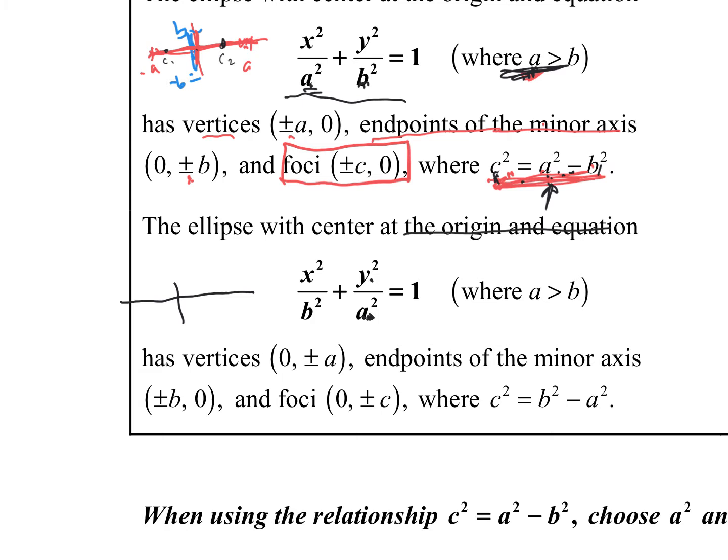It has vertices at 0 comma plus or minus a. Well, now I'm going up a and down a. And the endpoints of the minor axis, meaning the smaller axis, will be plus or minus b. So then I'm going to go minus b, plus b. And look at the shape of this particular ellipse. It's vertical.